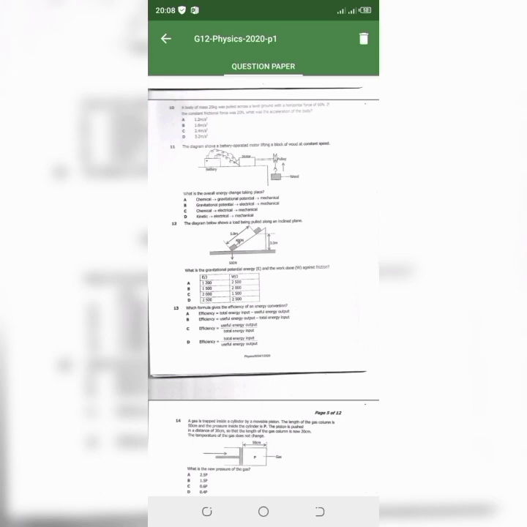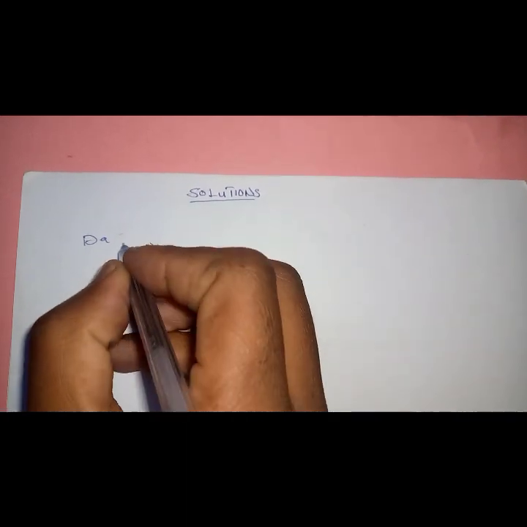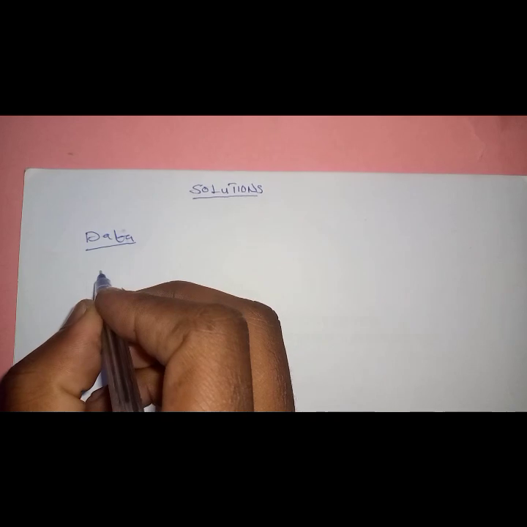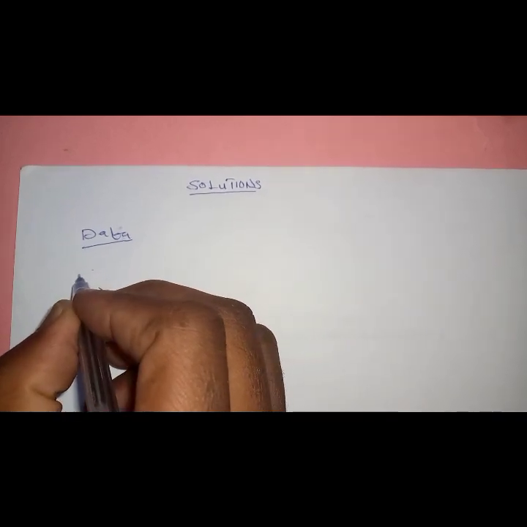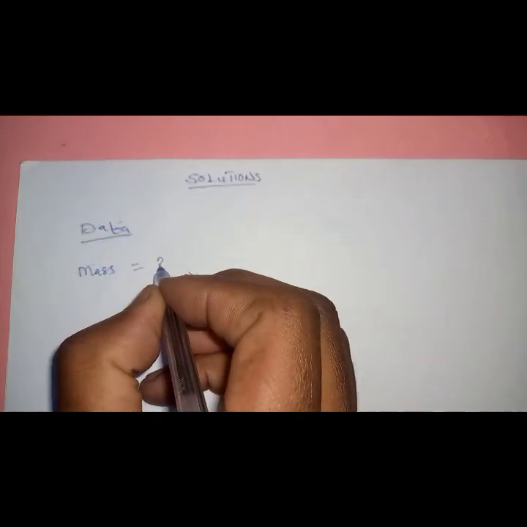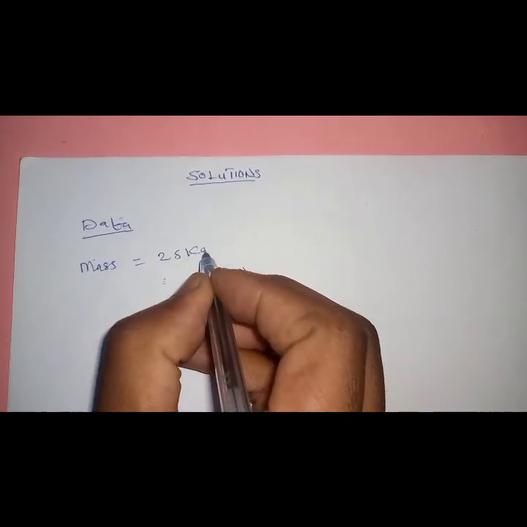So let's go. To begin with, let's first collect our data. From the question we have our mass, that's 25 kg. What else do we have?